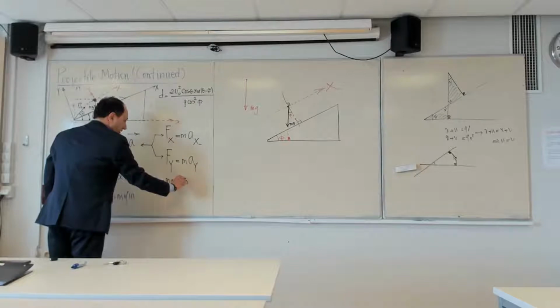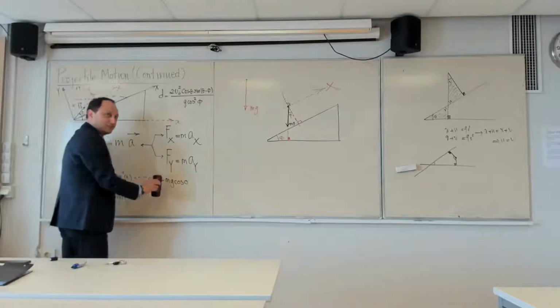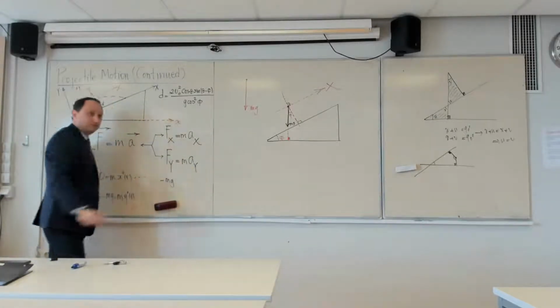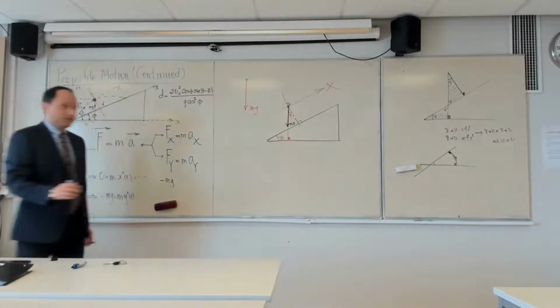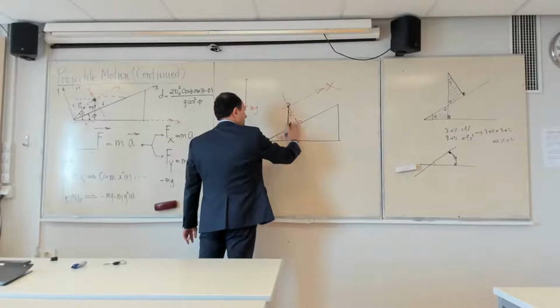No, sorry, it's not cosine. Did you say cosine? So it's not cosine. What is it? Tangent. No. Oh, no, it's sine. It's a sine, yes? Let me clean this.